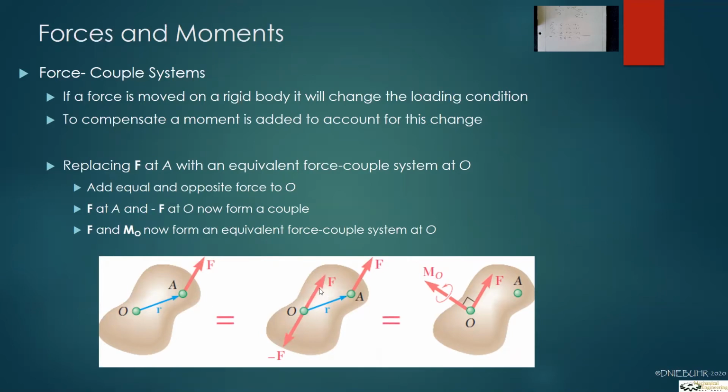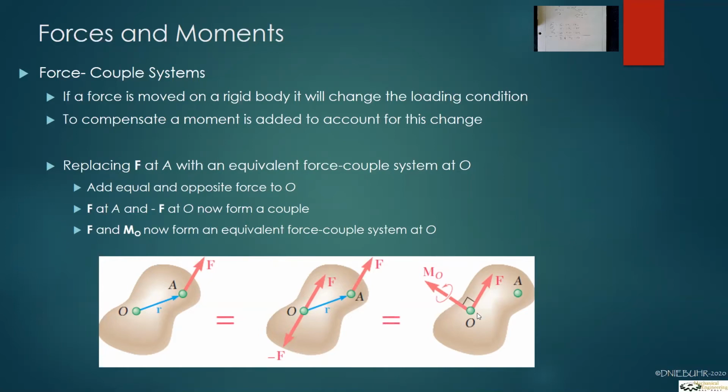Now you notice that if we add an equal and opposite force here, this negative force and this force form a couple. So we can determine the moment created by these two forces by doing R cross F.